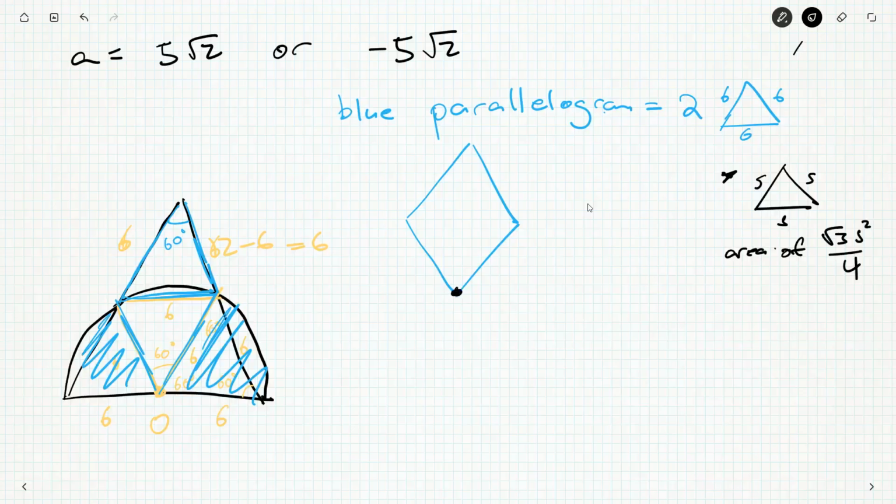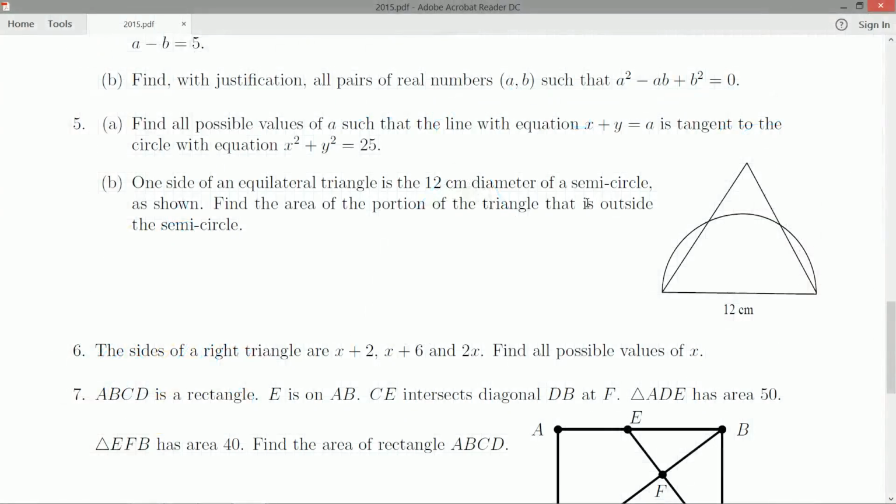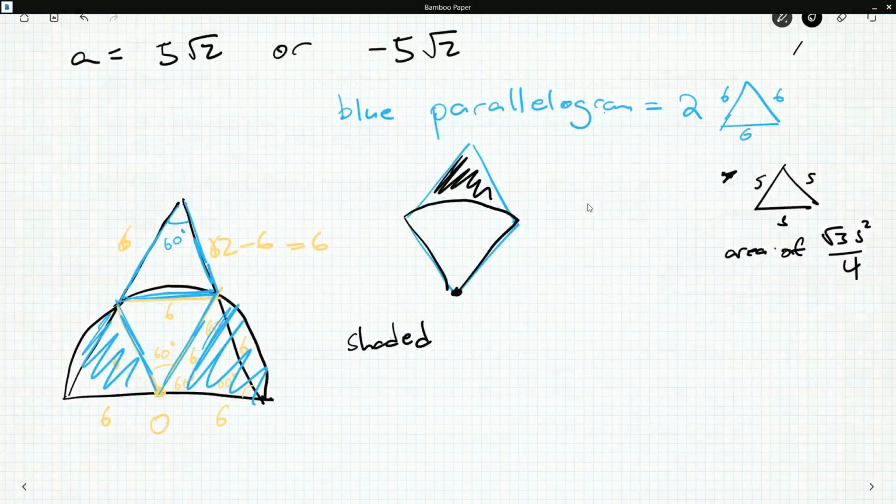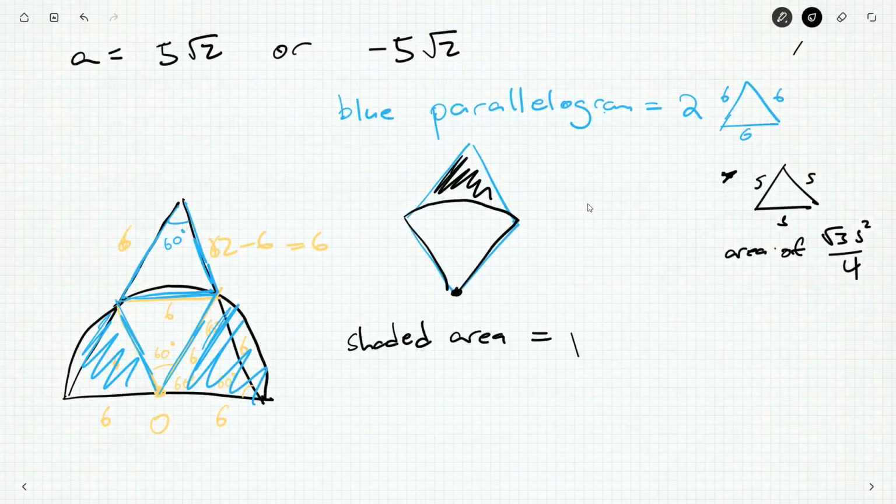But what we care about here is the area we want, which is outside the semicircle. Find the area of the portion of the triangle that's outside of the semicircle. So we want this shaded area here. But the shaded area is the parallelogram minus this sector of 60 degrees.